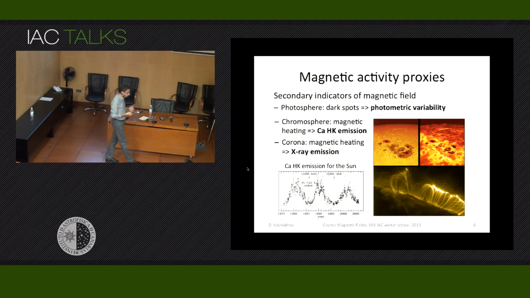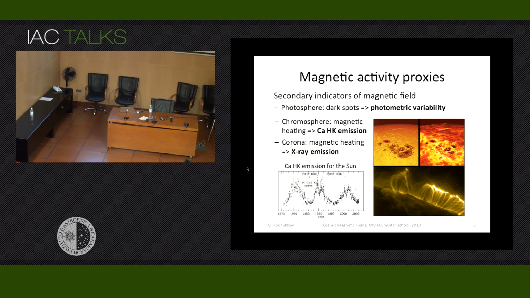So photometric variability of cool stars is an indirect evidence that magnetic fields must be present on its surface. And we have these beautiful data sets coming now from space experiments such as Kepler, CoRoT, and the Canadian MOST satellite that give us very precise and long-term measurements of light curves of the stars.